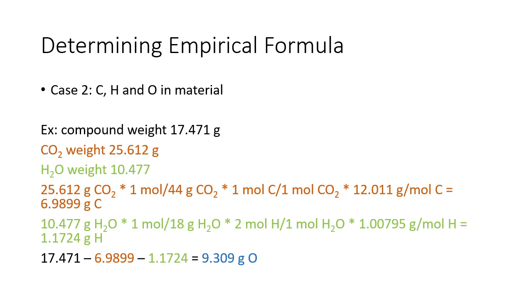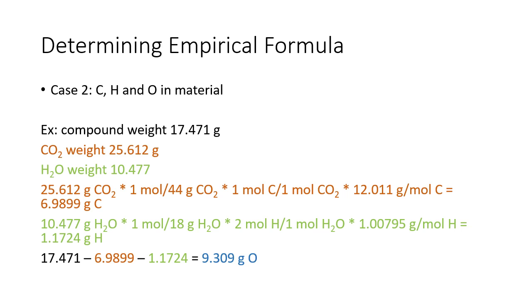We know we have 1 mole of carbon for every 1 mole of CO2. That's in the formula itself. Then we multiply by the atomic mass of carbon, and that gets us grams of carbon. And we need grams because we can't subtract off moles from grams in our compound weight.